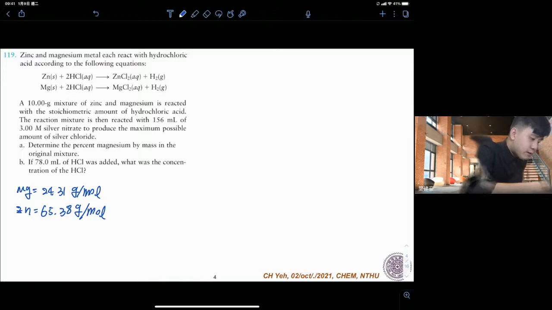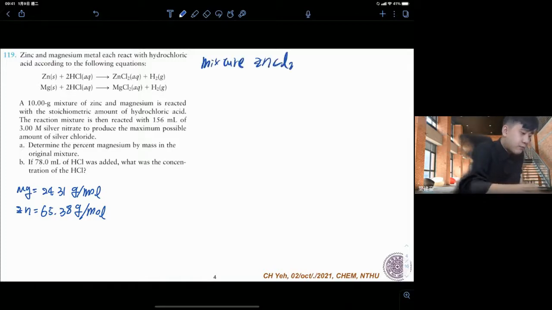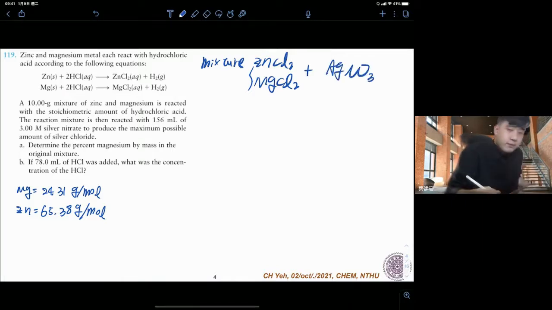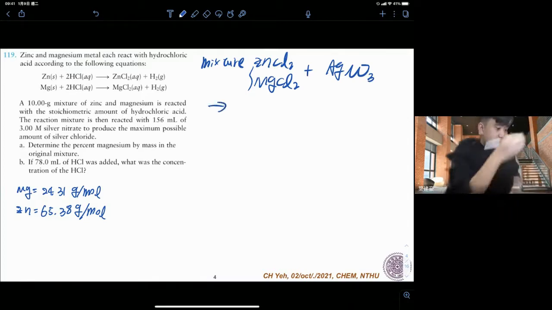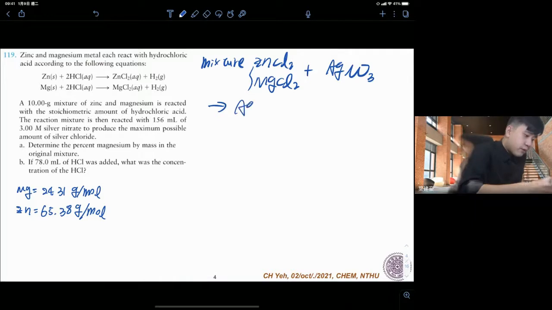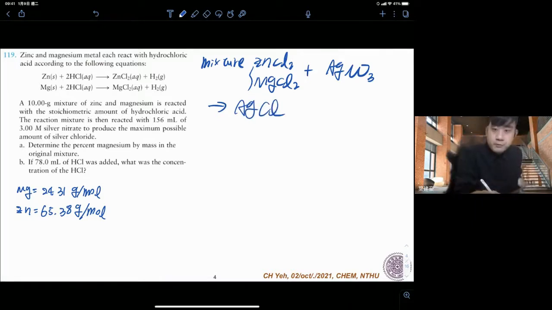The mixture of zinc chloride and magnesium chloride has this added, and then an exchange happens and it turns into this. This is what happened.